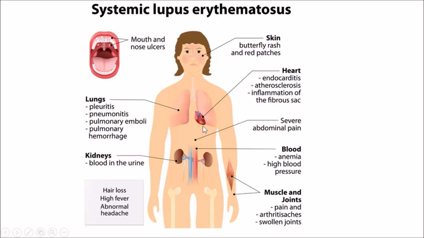The cardiac changes include endocarditis, atherosclerosis. The patient may have severe abdominal pain, and from the blood side, anemia, and high blood pressure in the kidney. Later we'll discuss lupus nephritis.